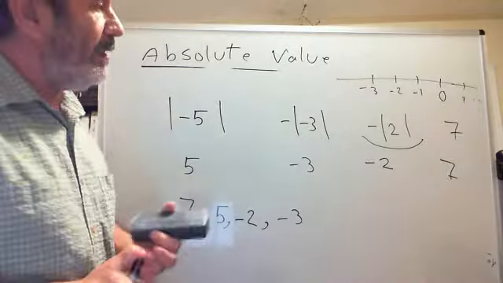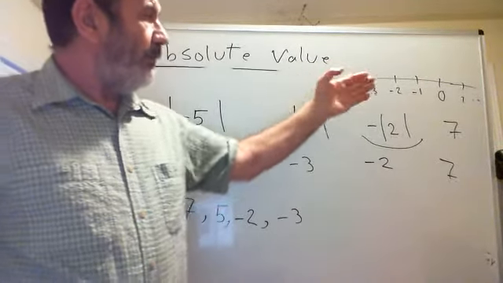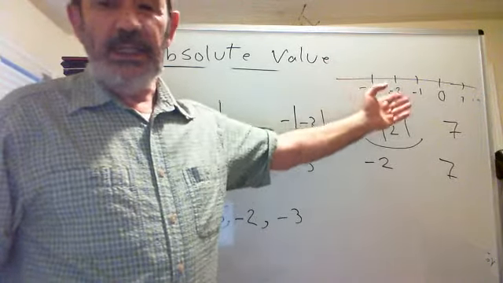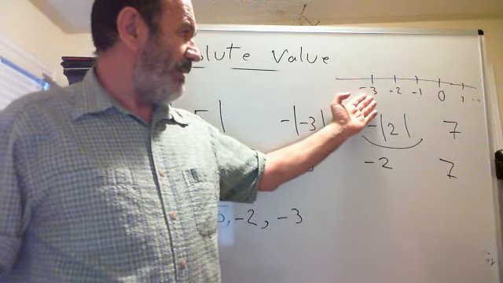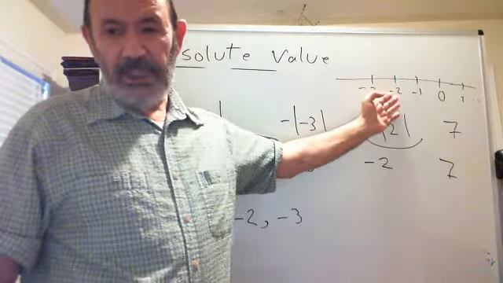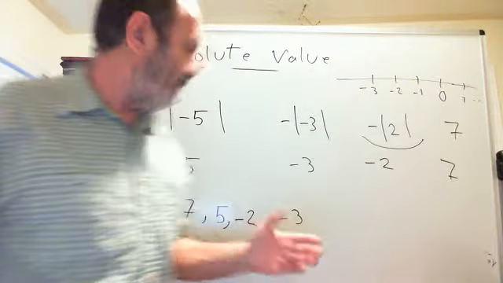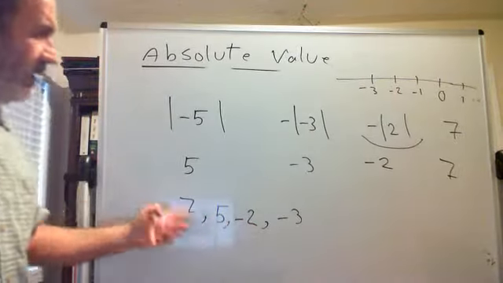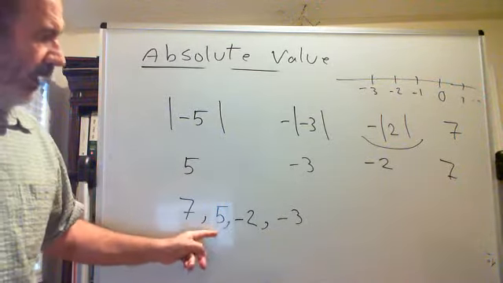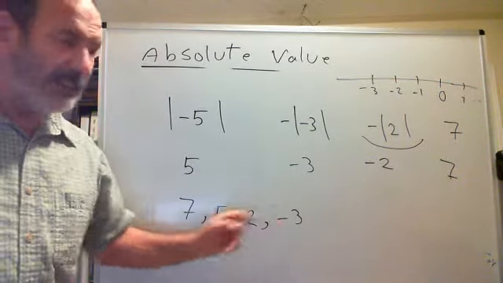Can you see? When we go from left to right, the numbers get bigger. Negative 2 is closer to 0, so negative 2 is greater than negative 3. So if we arrange from largest to smallest: 7, then 5, then negative 2, then negative 3.